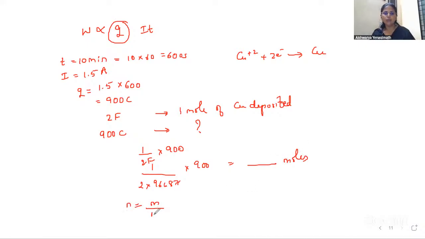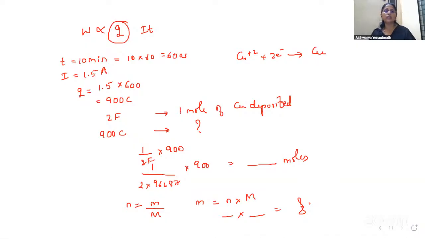Given mass upon molar mass. Therefore, to find the mass of copper deposited, M is equal to number of moles into molar mass. You put in the number of moles you got, multiplied by the molar mass of copper, and you will get the mass of copper deposited on the particular cathode electrode.